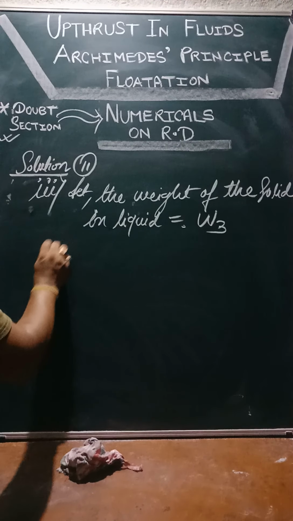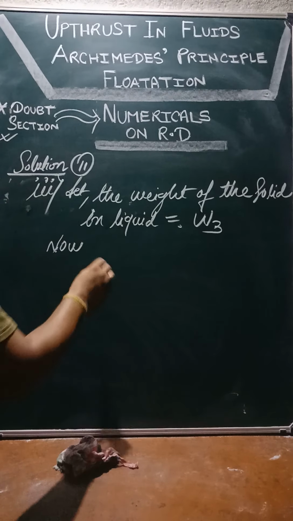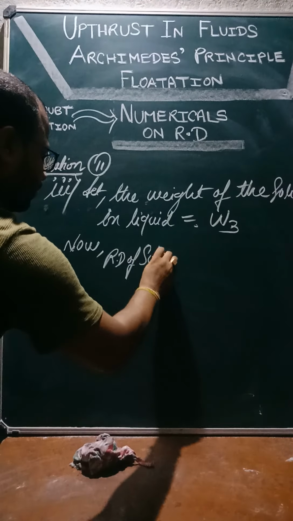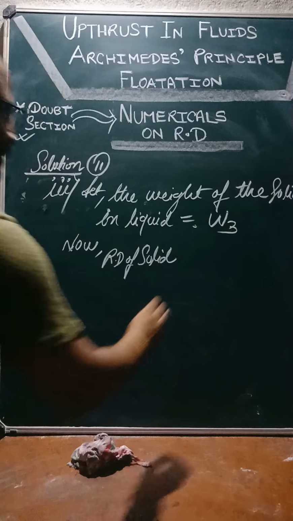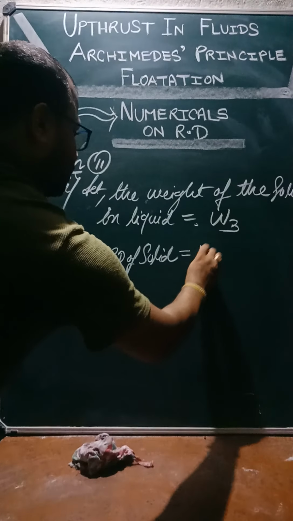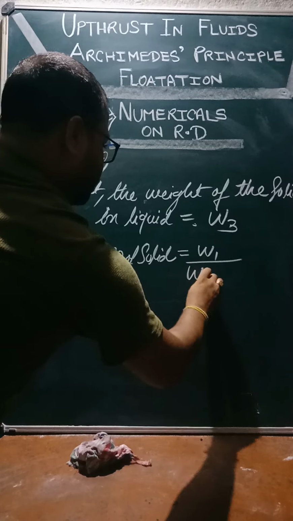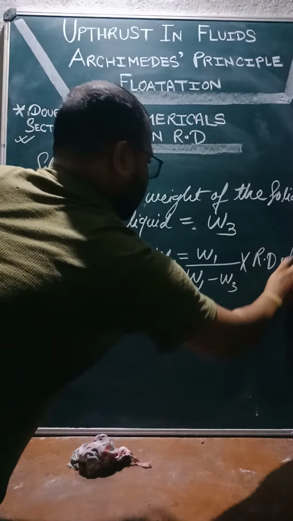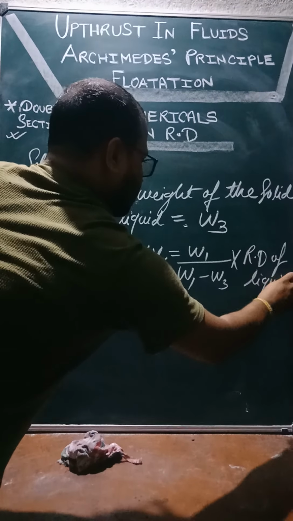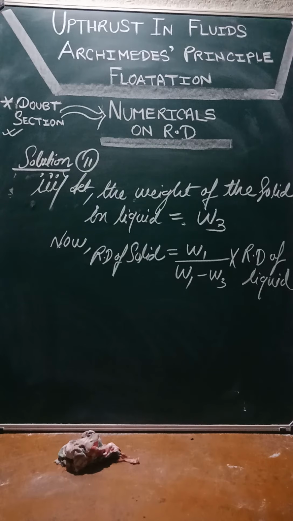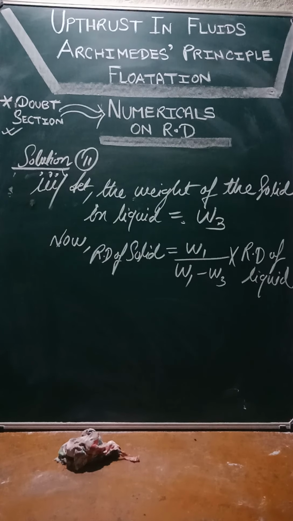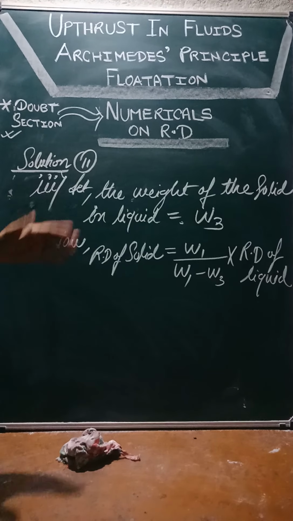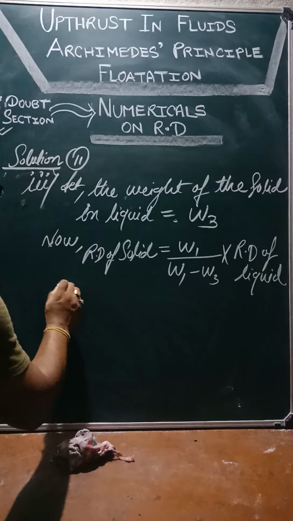So now we can write that relative density of solid is equal to W1 by W1 minus W3 into relative density of liquid. If you have seen the book, you must have found the different formulas related to relative density. Let's put the values and get the answer.